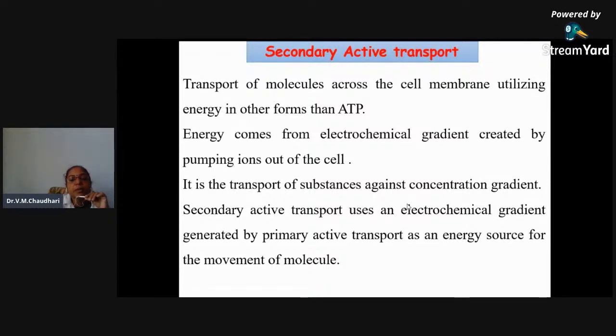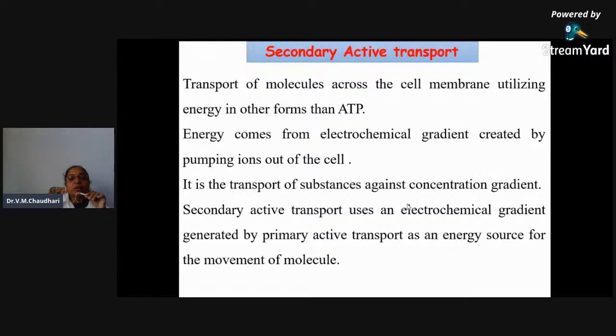Primary active transport utilizes ATP as the energy source, because it is against the concentration gradient, from lower concentration to higher concentration. So it requires ATP as the energy source.